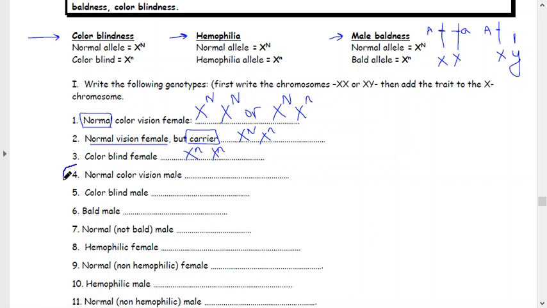Here's the interesting two. Normal color vision male. He has a normal allele on his X chromosome, but notice there's nothing on the Y. We're not going to put anything on the Y chromosome because sex-linked traits are only on the X. All right, so a colorblind male has a recessive allele on his X chromosome and nothing on the Y. And this is why males are more affected by sex-linked traits.